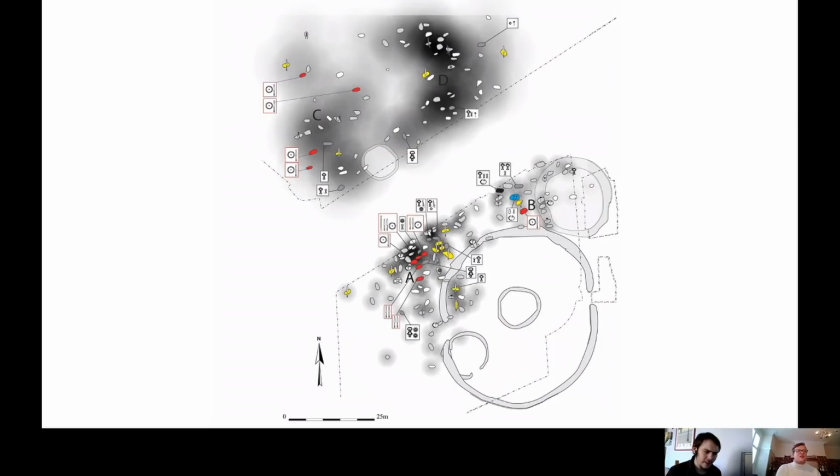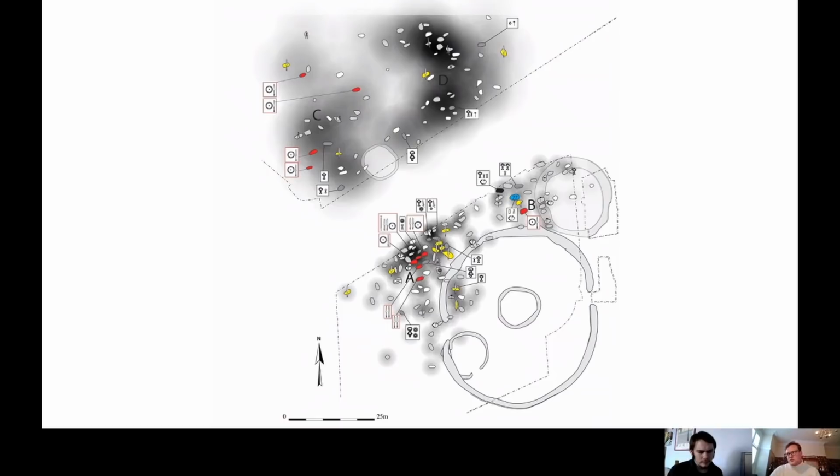Exactly, matrilocality. Or rather, we've got this sort of elite male family where the man stays and he marries and the wife moves to him and they have children. And then the next generation, the son takes over and the woman moves and they have children. And thus you see this sort of similarity in height amongst male weapon burials.